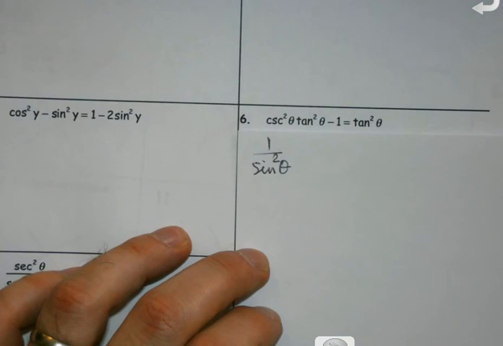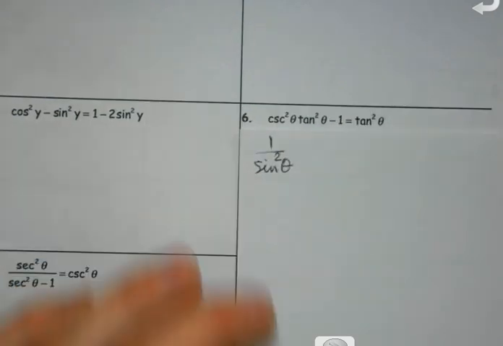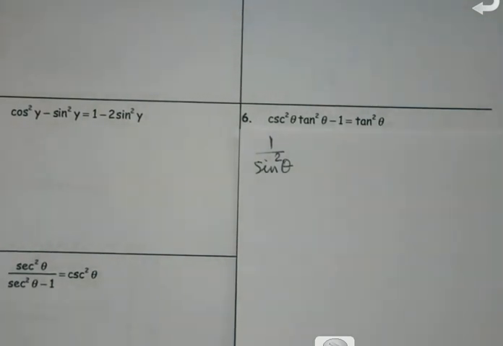What's tangent squared minus 1? Is that going to help me with anything? Kind of? Yeah. How does something kind of help us? Well, yeah, they're all possible. The question is, do we get there? So can I do something with tangent squared minus 1?